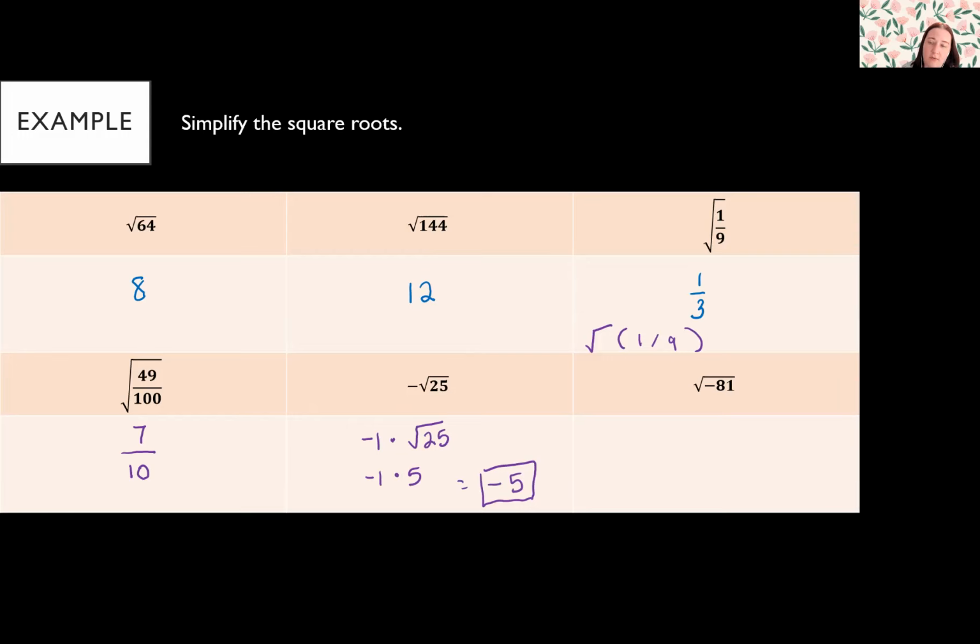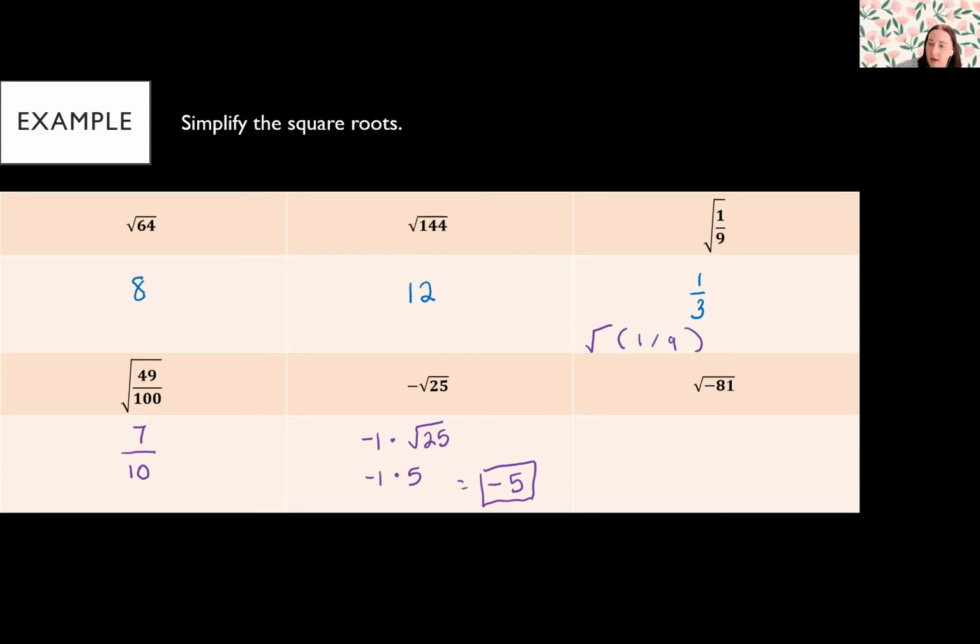The last one I have here, we have a square root with a -81. So here the negative is inside. You're asking yourself, what two numbers when multiplied together get me a -81? Now, to get a negative you have to have a positive times a negative. But then we are not squaring anymore, because they need to be the same thing.